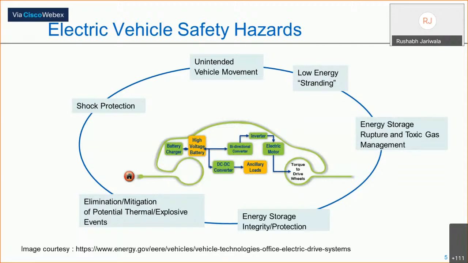So this is another hazard that comes with the electric vehicle: if it wrongly indicates a state of charge higher than the actual capacity, it can put the driver in a difficult position, and sometimes it can even lead to unintended vehicle movement.